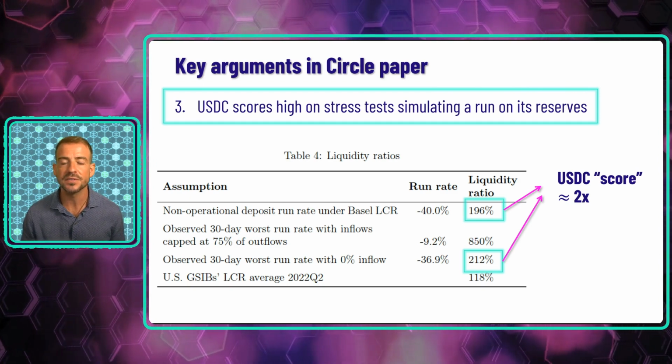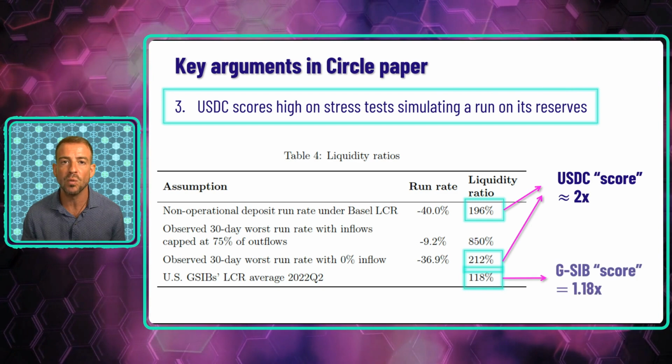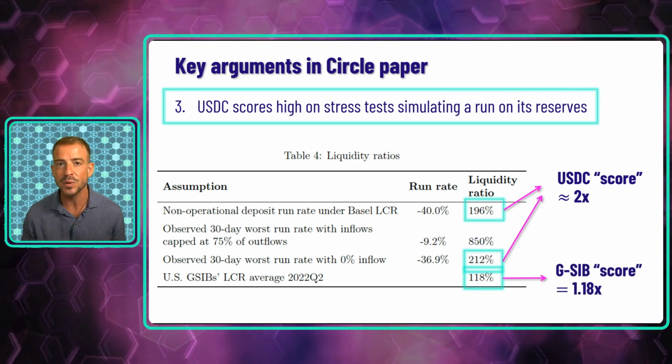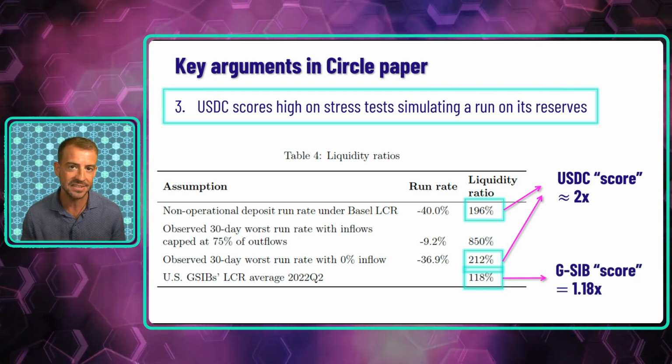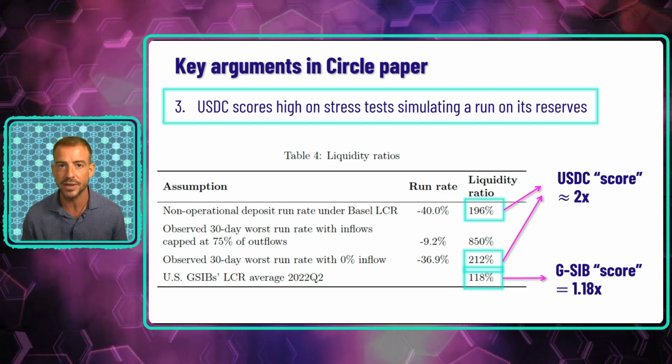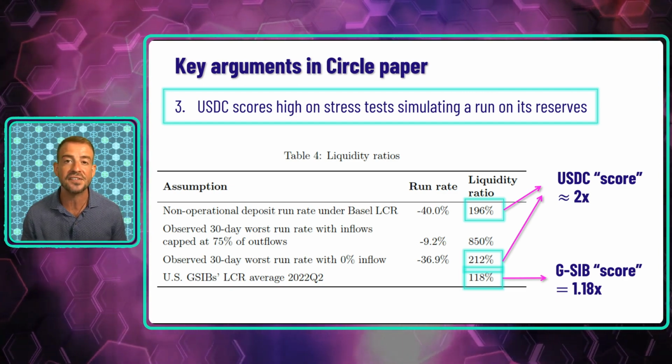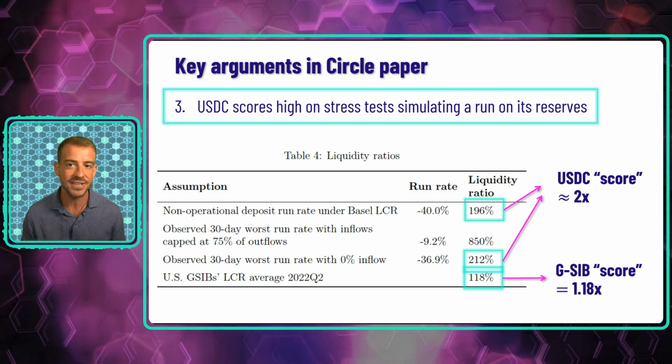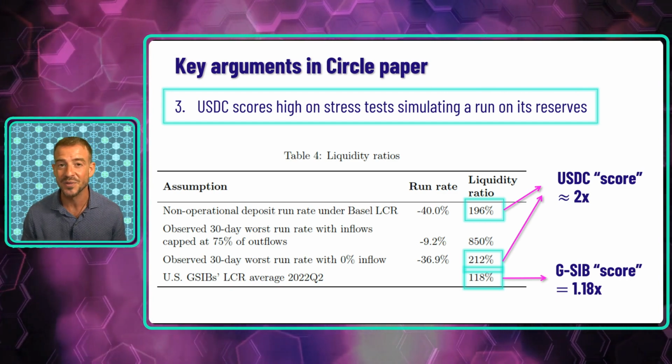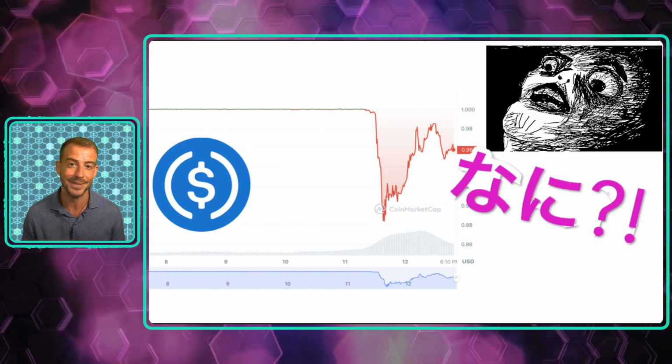That 2x score compares with a score of about 1.18 being reported for 8 US global systemically important banks in a recent comparable period. And so Circle offers that as strongly suggestive evidence that it is safer than traditional bank money. And then this happened.